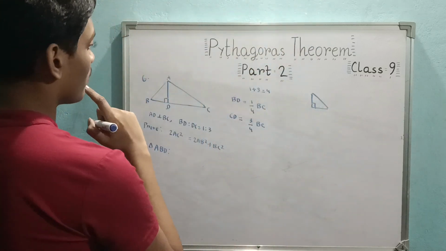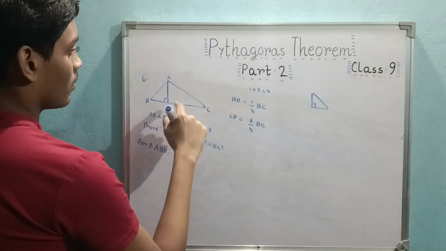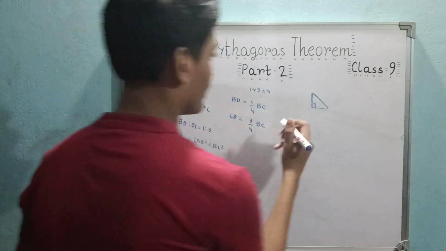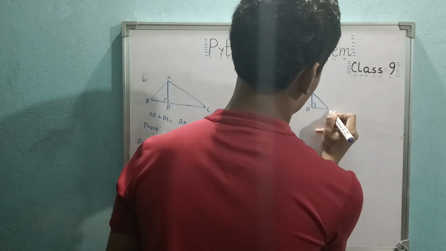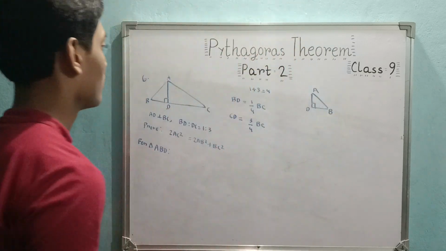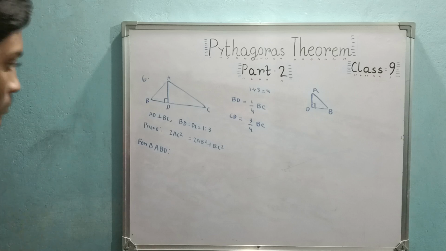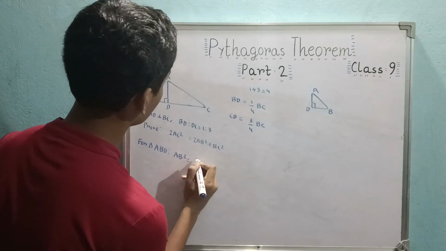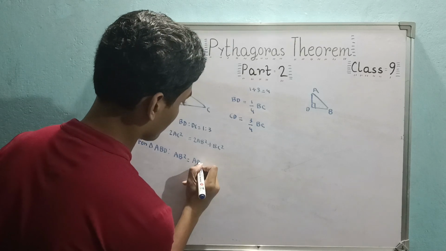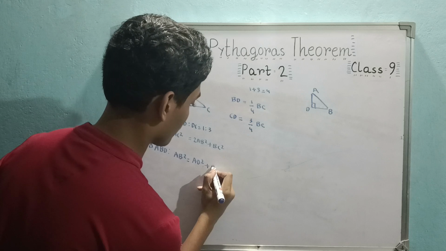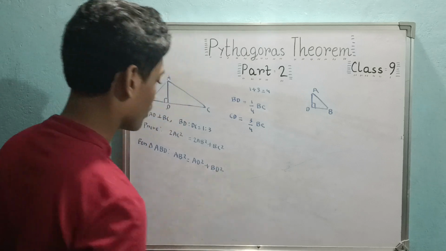You just rotate the right angle, it becomes ADB, I think, yes. So here AB square equal to AD square plus BD square.